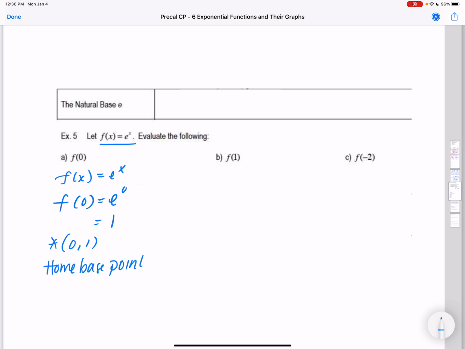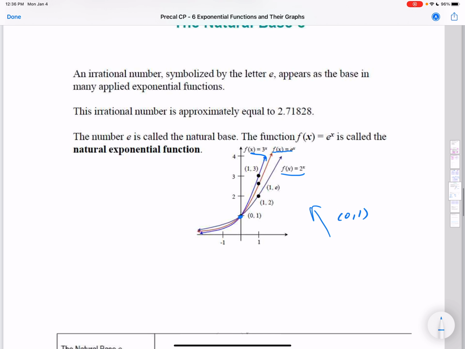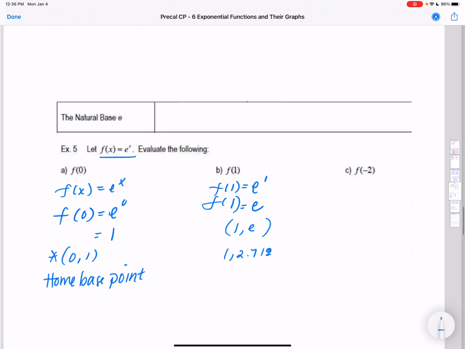It's that point you can rely on and move if you transform these. Now, if x is 1, then you have e to the first power, which is just e. So f(1) is e, so (1, e), 2.71828.